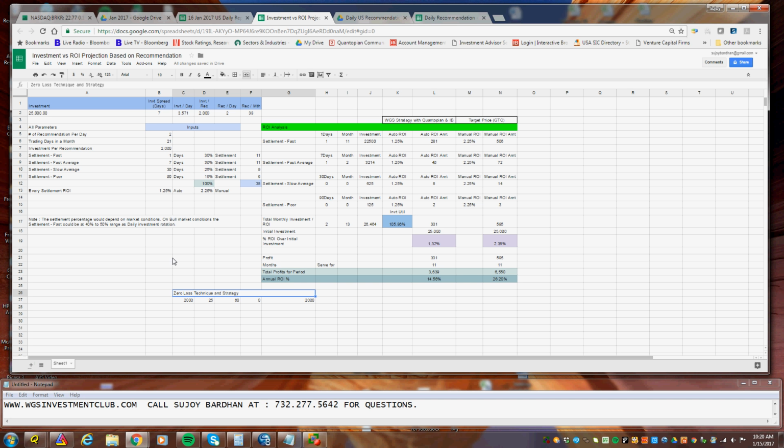But at the same time, you also need to have a sufficient number of recommendations to compensate for this type of ROI, which is 26.2% on the target price strategy, or around 15% annually if you use automation.